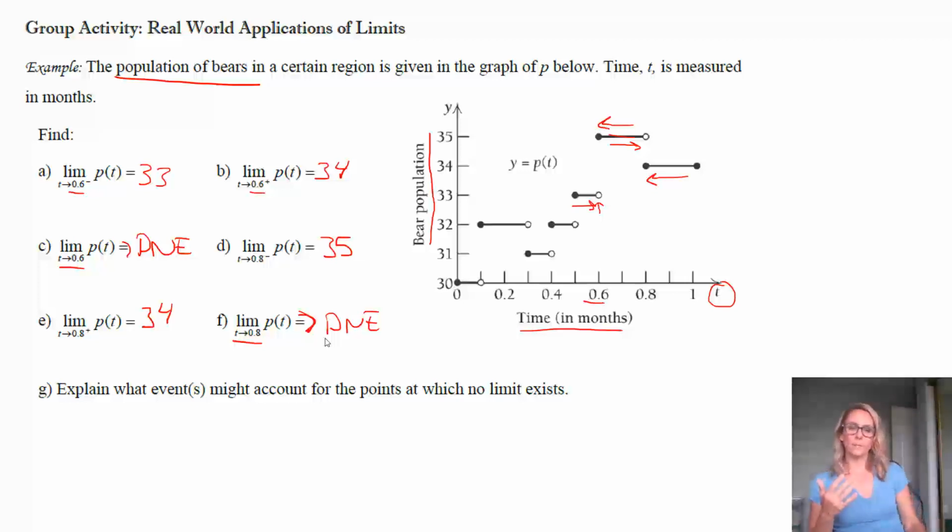If we're talking about the population of bears going up and down, it's because sometimes bears are born and sometimes bears die, but you can't have a part of a bear. With such a discrete number of bears, from 30 to 35, we have to jump, because we're not going to be talking about a part of a bear. There's either 31 bears or 32 or 35.